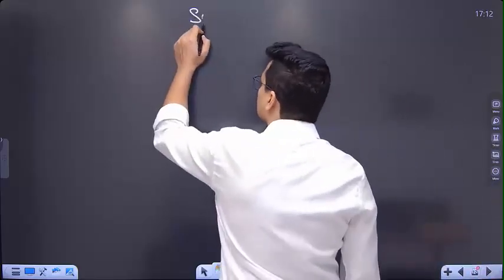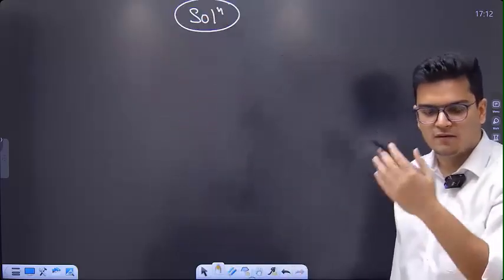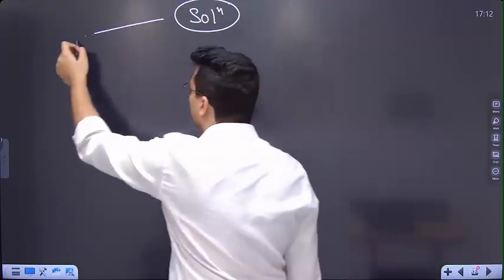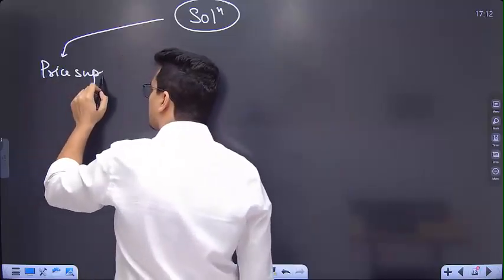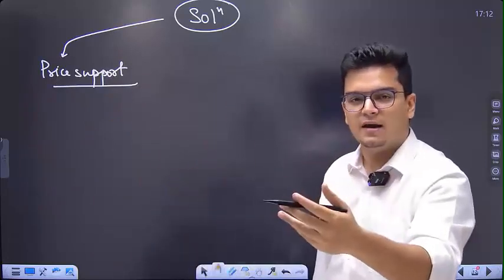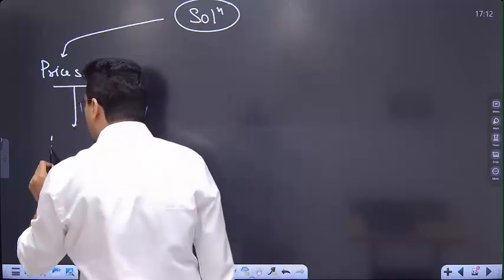What is the solution to the MSP problem? You can't legalize it, but you have to give income support to the farmers. They deserve it. So the first argument here is, do not give price support, because price support artificially distorts the market and prevents crop diversification. Instead of price support, give income support.